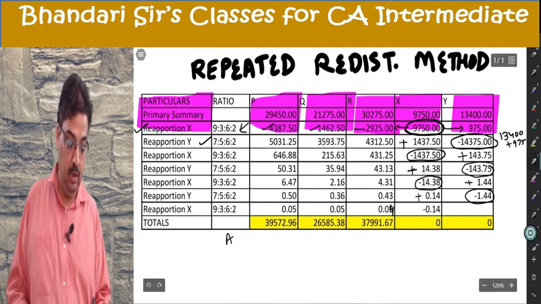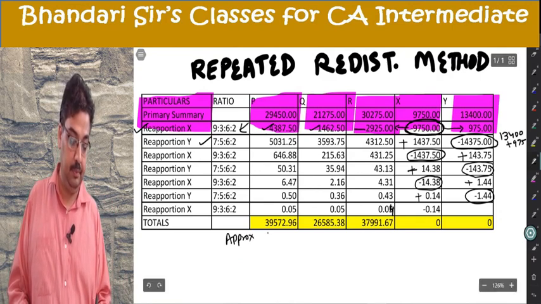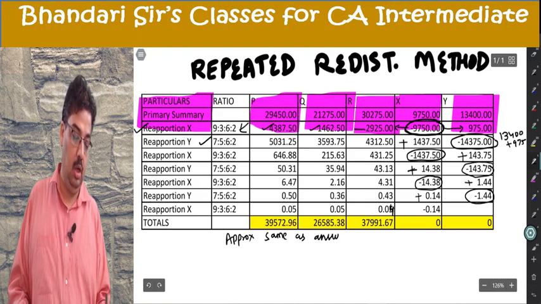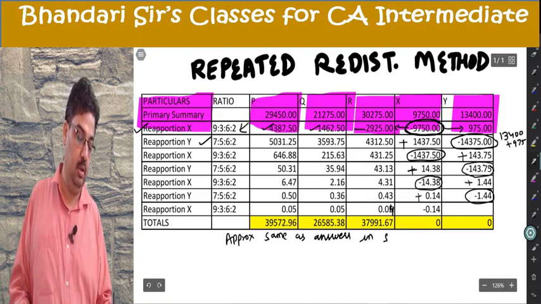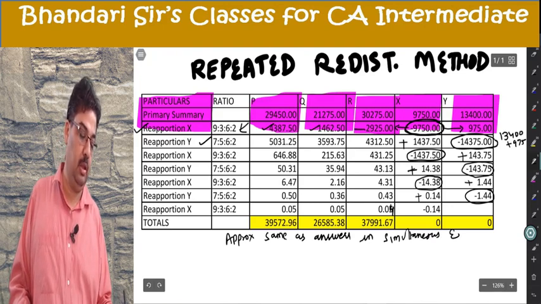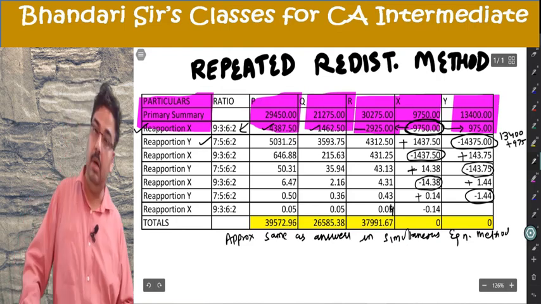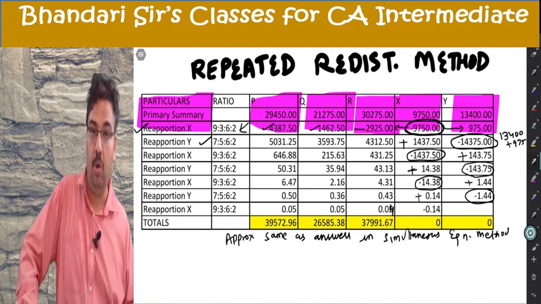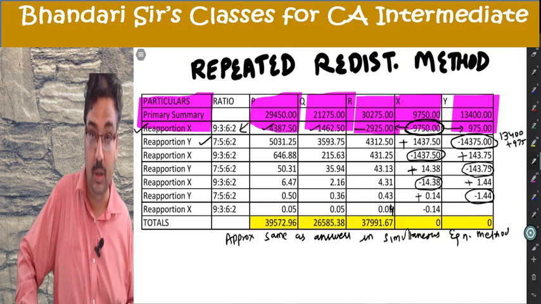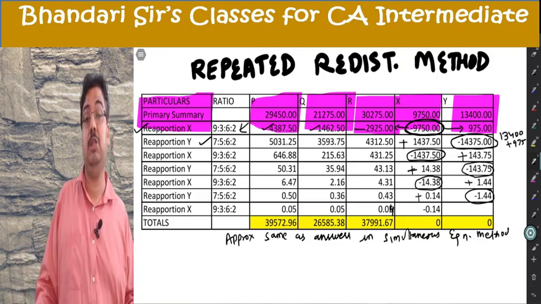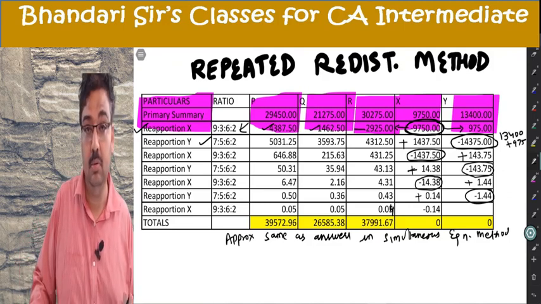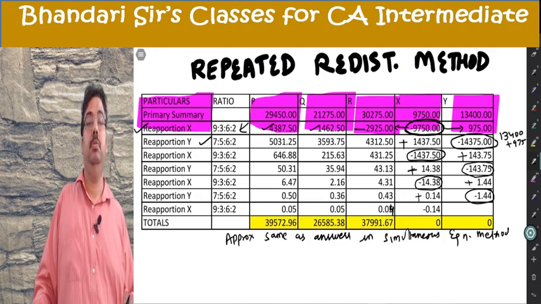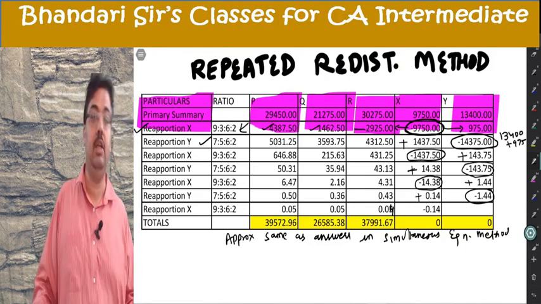These are approximately the same as answers in simultaneous equation method. My preferred method is simultaneous equation. Still, somebody who is afraid of maths can do this, and sometimes in exam they can specifically ask repeated redistribution or simultaneous equation.